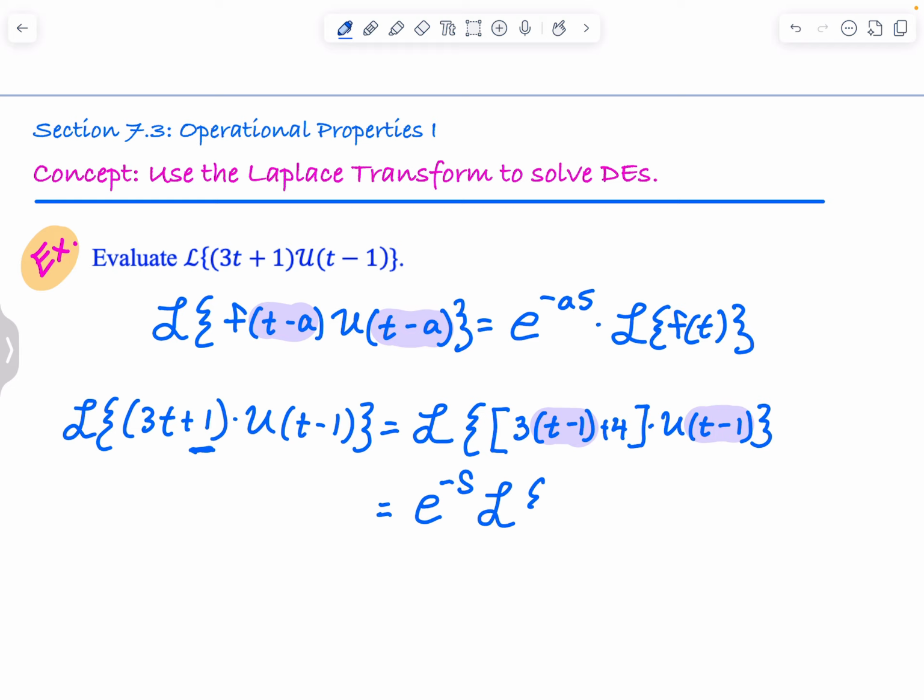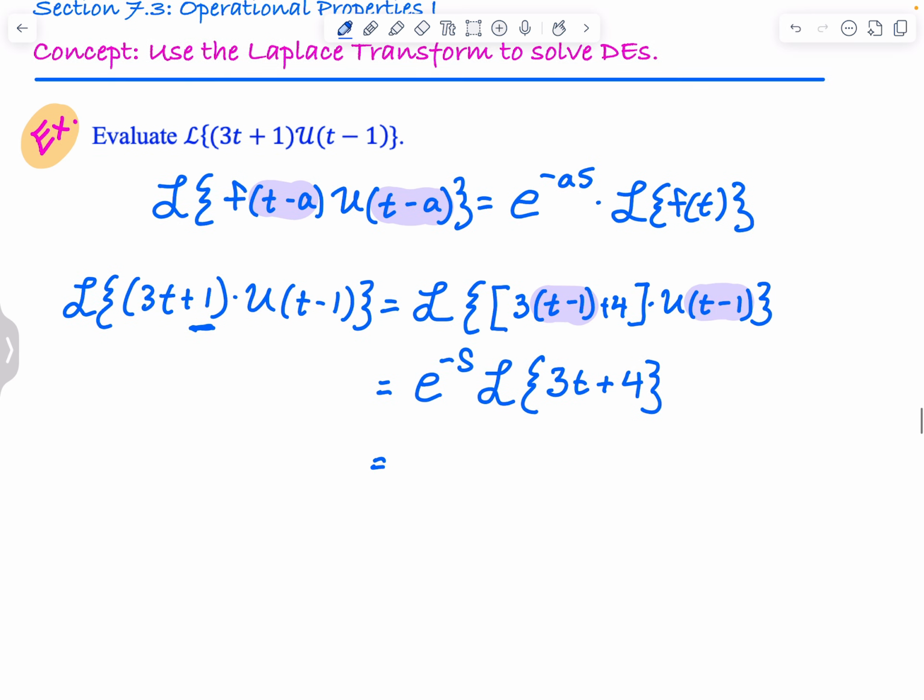The Laplace of the function without the t minus 1. So I took out the purple thing and put a t back in. Right? Then we know these from our tables. Laplace of 3t is just going to be 3 over s squared, and then 4 over s for the constant. And there's our solution.